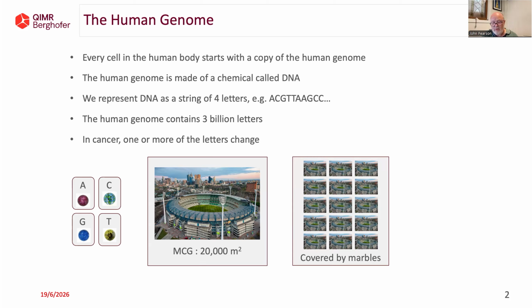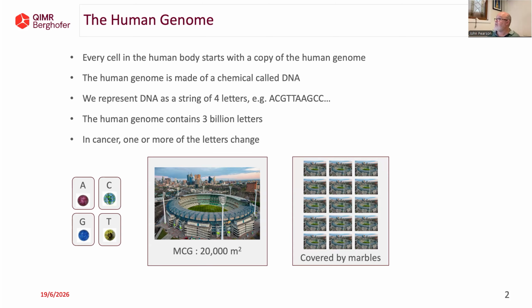And for every one of those observations, we get a quality score, which says how likely we think the observation is real. So for one person's cancer genome, we usually end up with about 100 billion observations, each of which has a base and a quality score. And that's what we dive into.